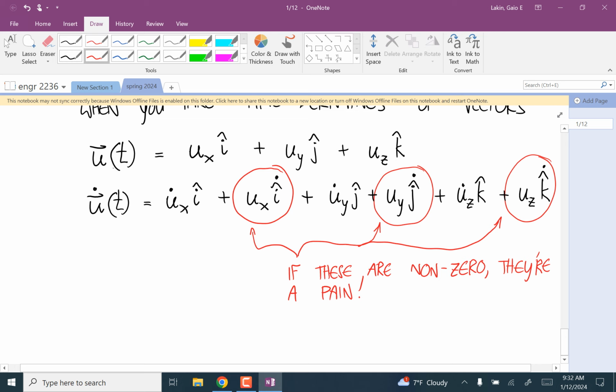But the good news is, if the coordinate system isn't rotating, what's the derivative of a vector that stays pointing in the same direction? A unit vector that stays in the same direction? 0, right.